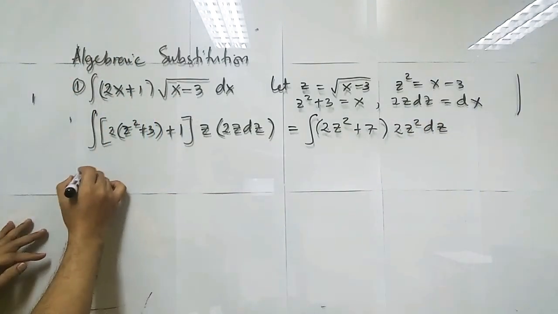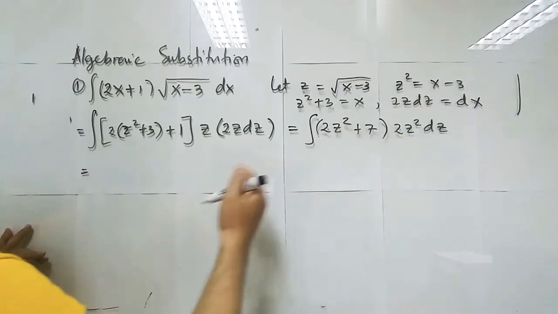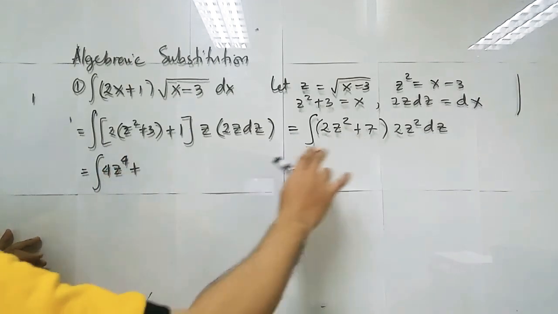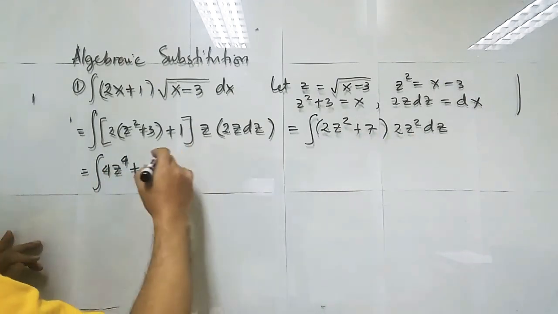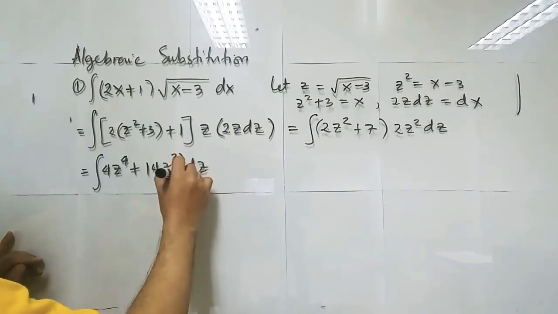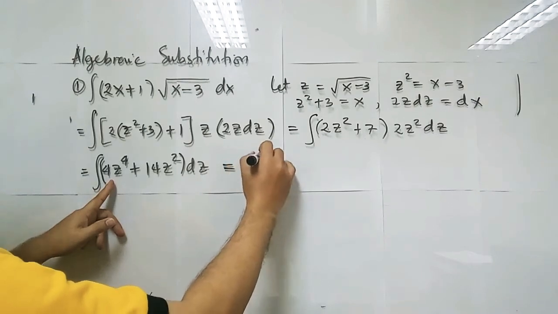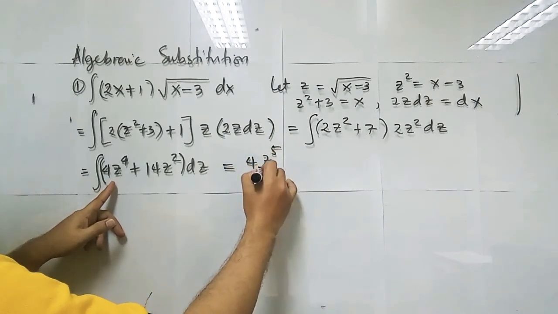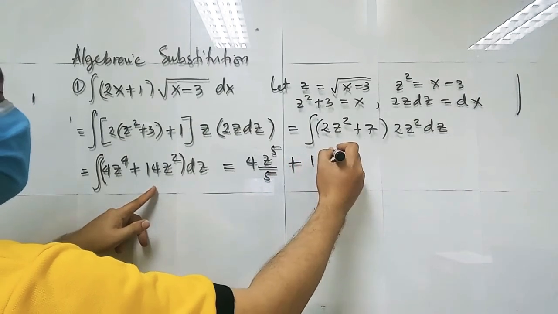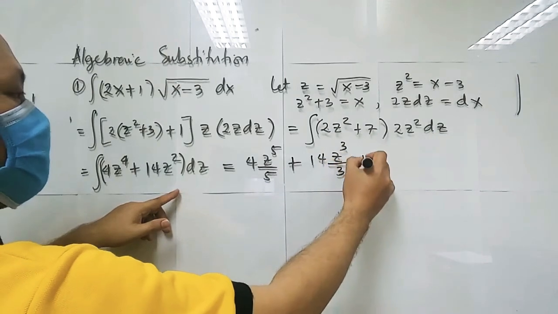So that is equivalent to, multiplying this one, 2 times 2, that is 4z to the 4th, plus 2 times 7, that is 14, z squared dz. If we integrate this one, that is equivalent to 4z to the 5th over 5 plus 14z to the cube over 3 plus c.